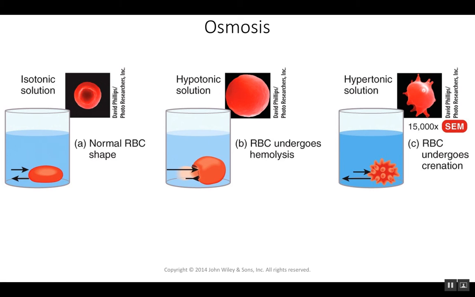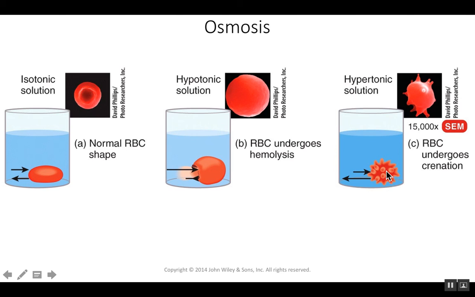That means that the concentration of water here is much higher than the concentration of water in the red blood cell. So water will tend to move into the red blood cell, and that cell will swell and possibly rupture. We call that hemolysis. So when you put red blood cells in hypotonic solutions, they swell and burst.